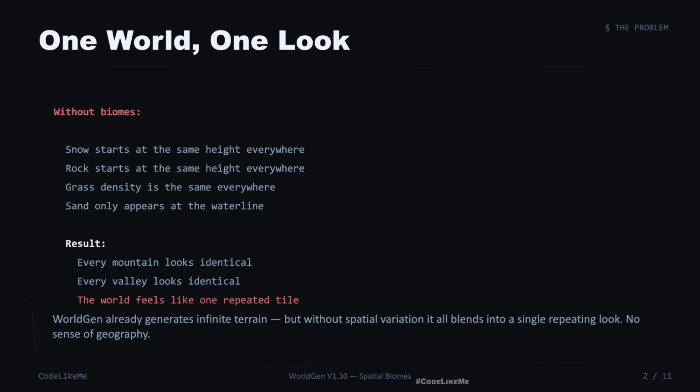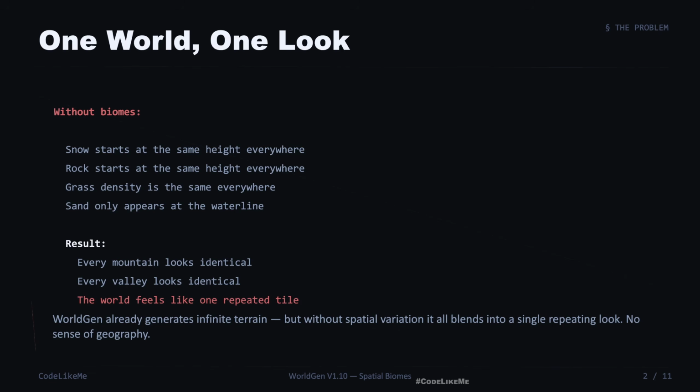So here, without these spatial biomes, we had one look across the whole infinite world. Snow starts at the same height everywhere, rock is also the same everywhere, grass, sand, the same rules applied everywhere. Because of that, everything looks identical, even though we have a different infinitely generated landscape with a different height map.